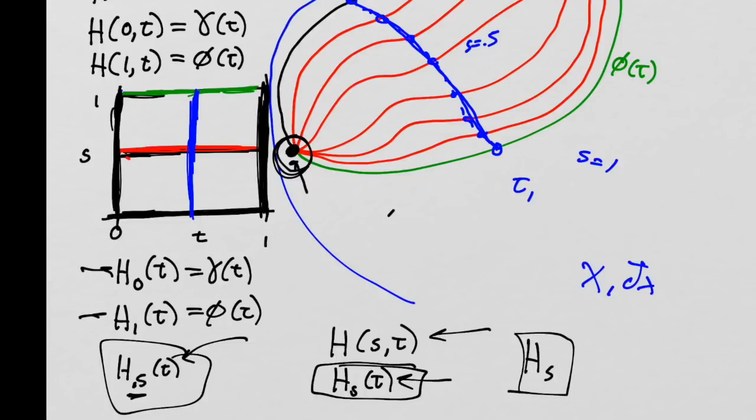And if you're dealing with a fixed endpoint homotopy, then it's a family of paths connecting two paths, the two paths h0 and h1, right? So you kind of get rid of the gamma and the phi, and you can say, oh, h0 is connected to h1 through the homotopy h, and the subscript there would go through every real number between 0 and 1. So that's probably another way of looking at it.